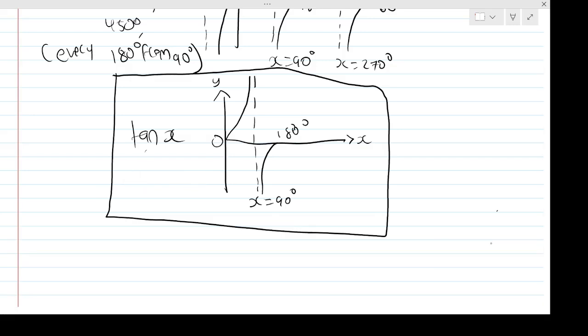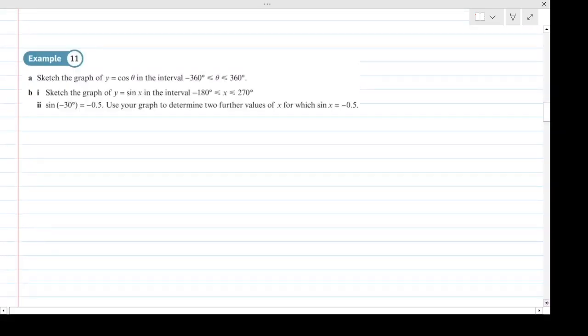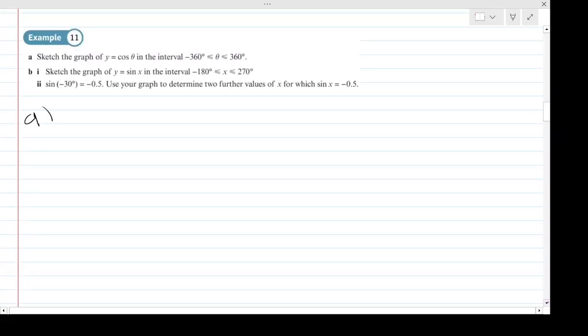Okay. So let's have a look at an example then. We need to sketch the graph y equals cos theta in this interval. So this is saying theta has to be between minus 360 degrees and positive 360 degrees. If we then draw the graph, the first 360 degrees, starting from 0, hopefully you remember, cosine starts from 1.